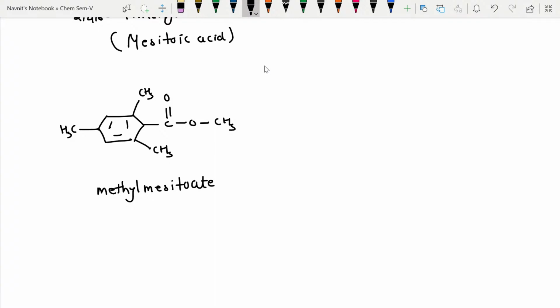So when I hydrolyze this methyl mesitoate by adding acid in presence of water, because we are talking about hydrolysis, first it leads to the formation of a carbocation.